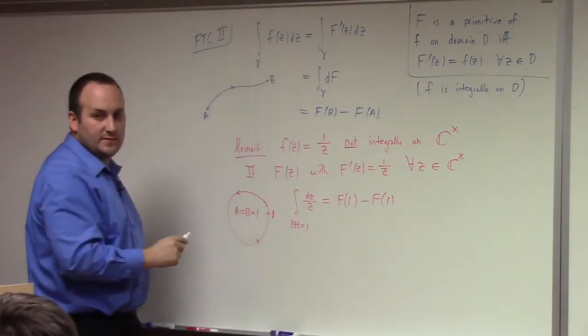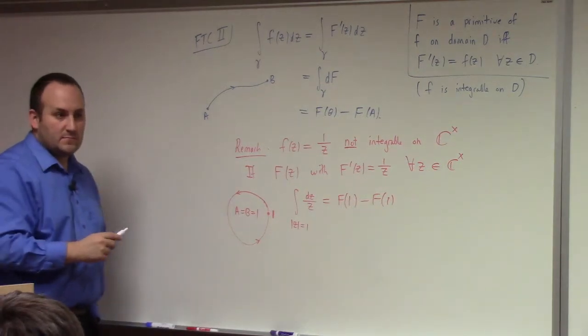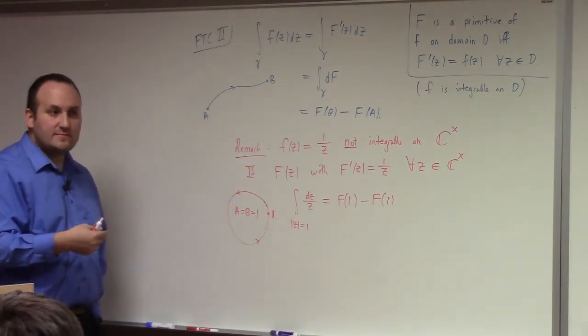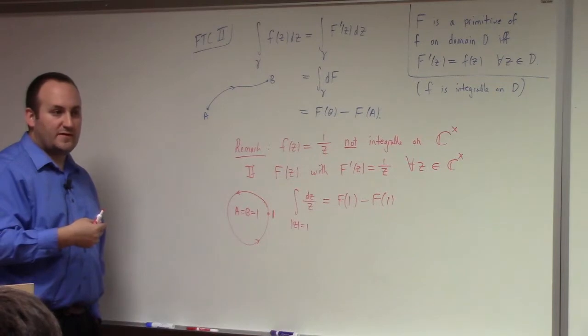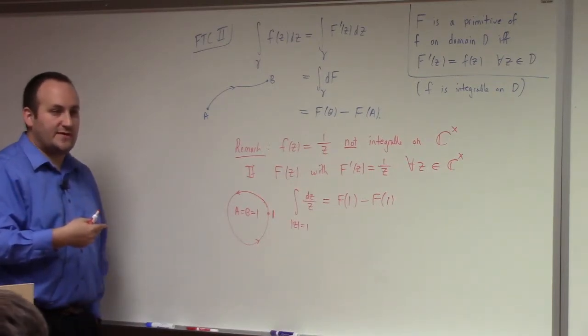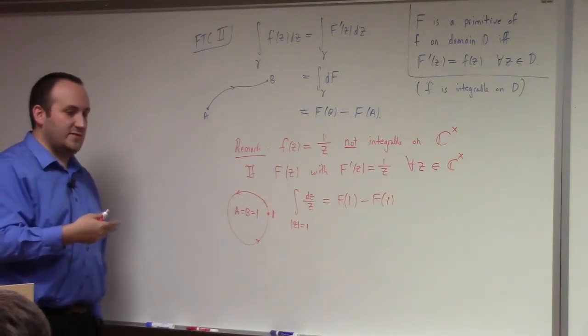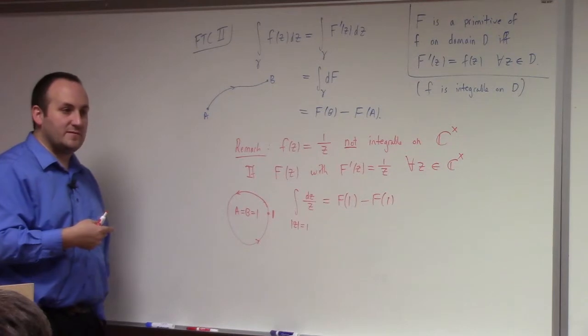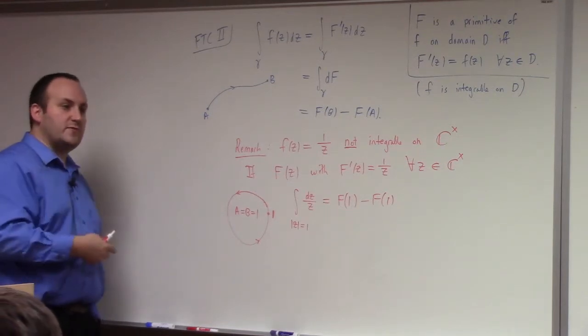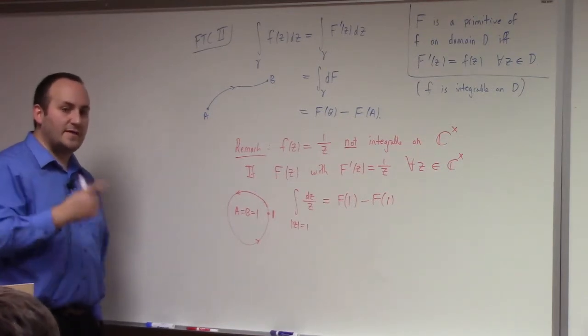It's a loop. In other words, if it was exact on the punctured plane, then the integrals around loops in the punctured plane would have to be 0. But we know they're not. We just calculated it this morning, not 20 minutes ago. We found out it was 2 pi i for the unit circle. So 1 over z is not integrable on the punctured plane.